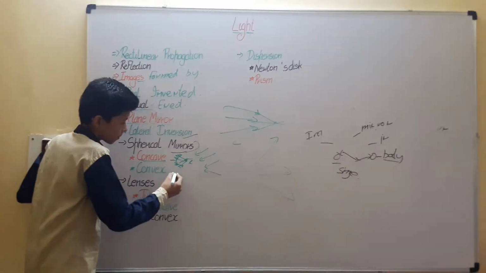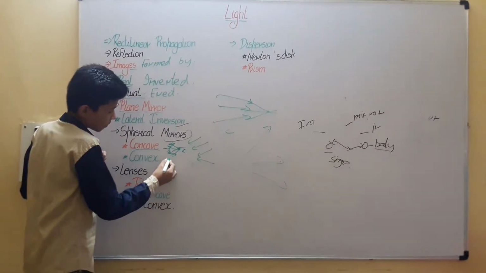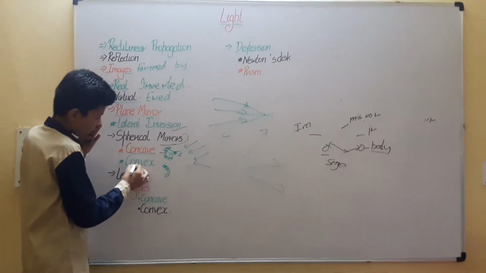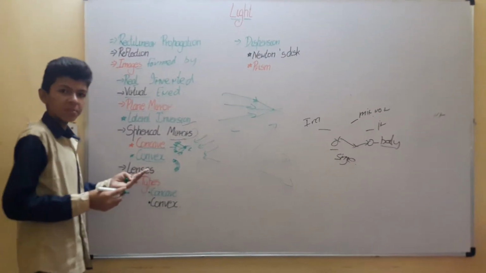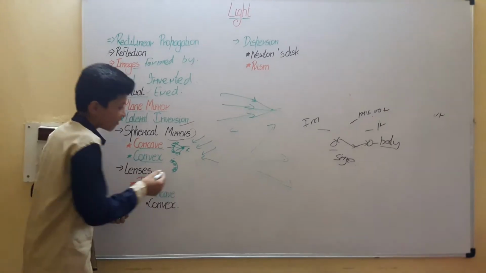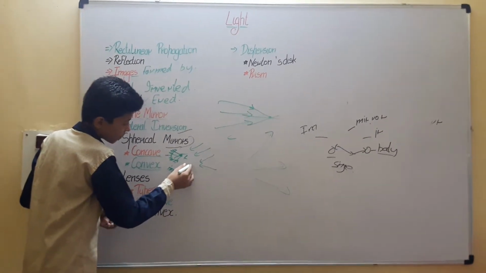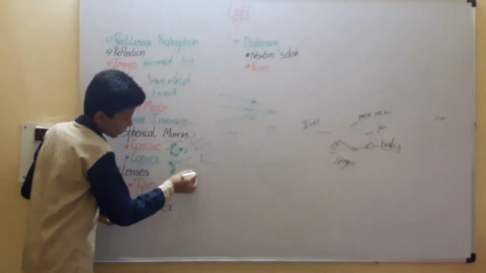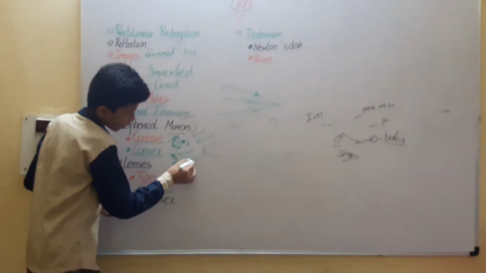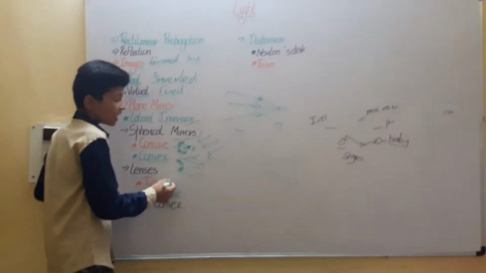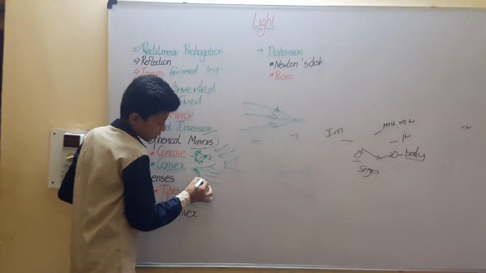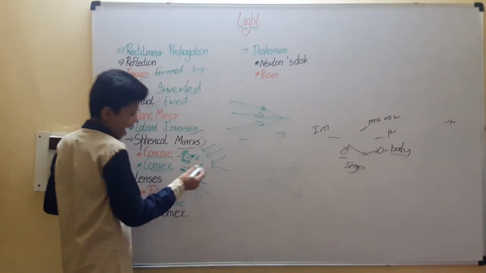But now let's take the convex mirror. The outer covering of the spoon is called a convex mirror. When diverging rays hit the surface, they would diverge more.